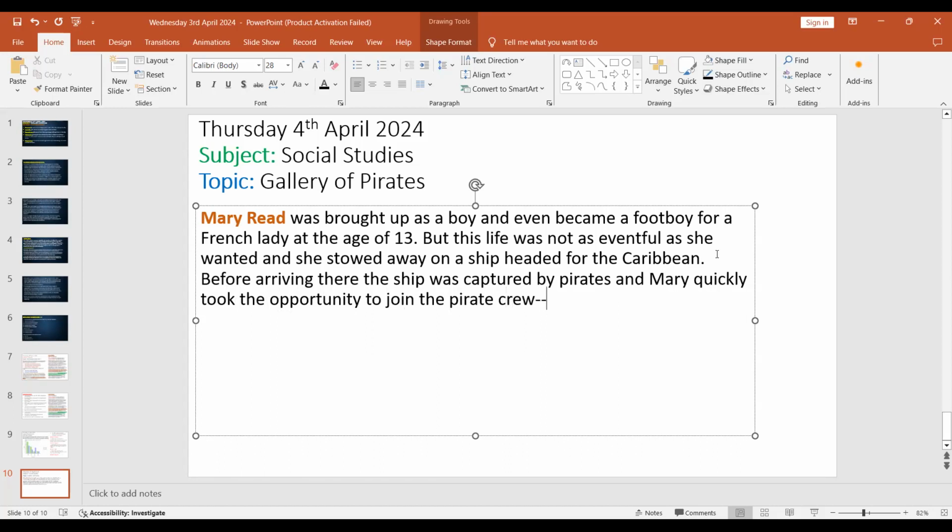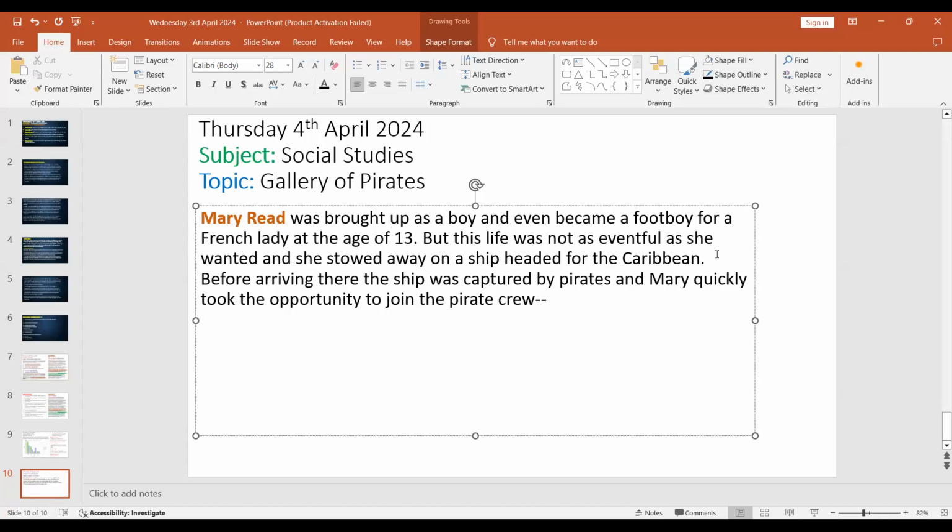And just like Anne Bonny, both of them had relationships with John Rackham. Both of them knew John Rackham and both of them fought alongside him.